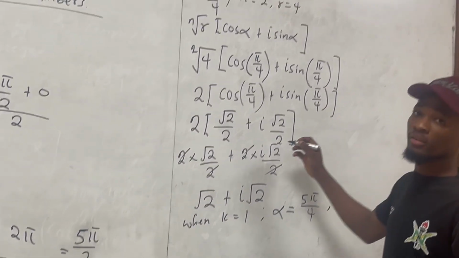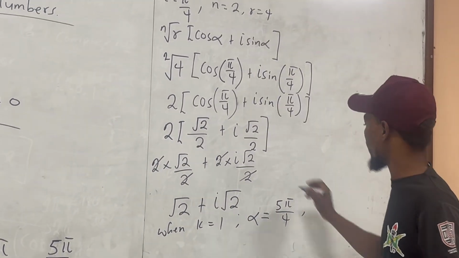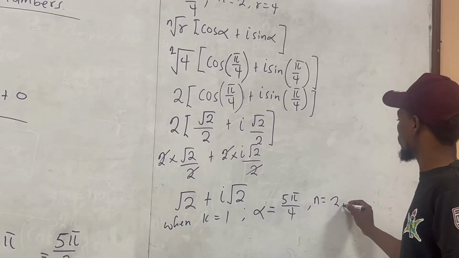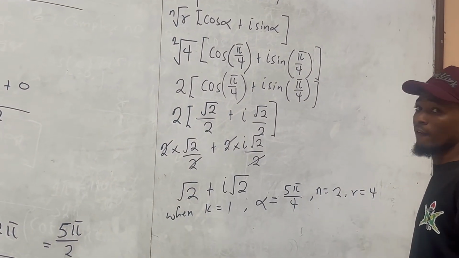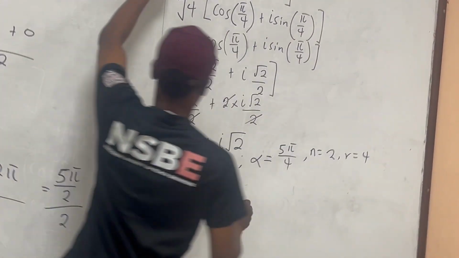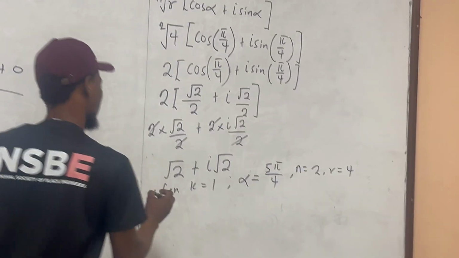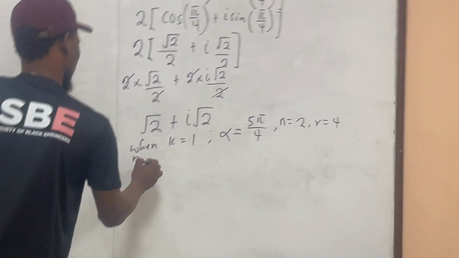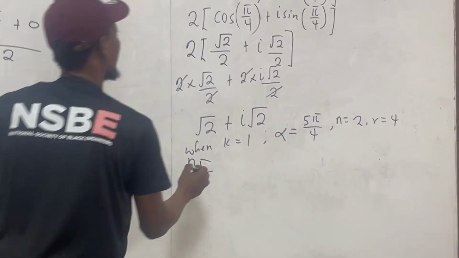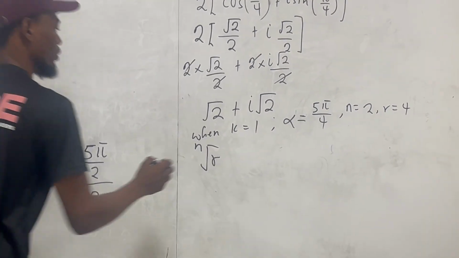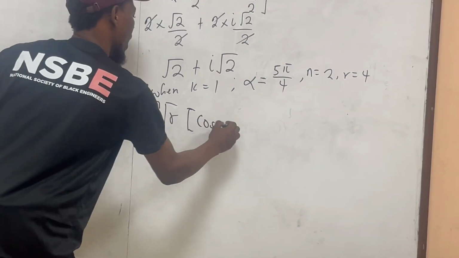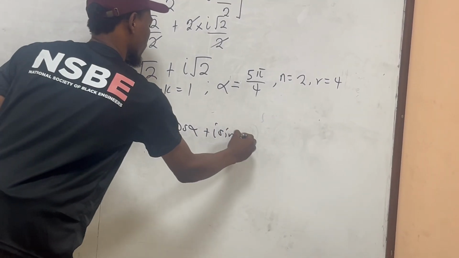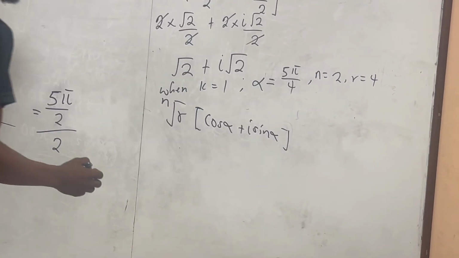The condition still holds: n is equal to 2 and r is also equal to 4. So using this formula again, you have the nth root, so we have cos alpha plus i sine alpha.